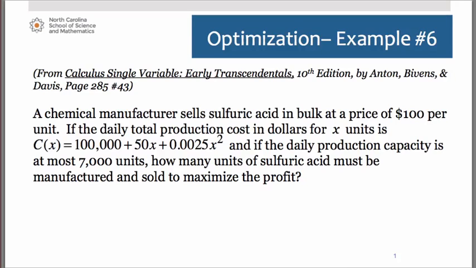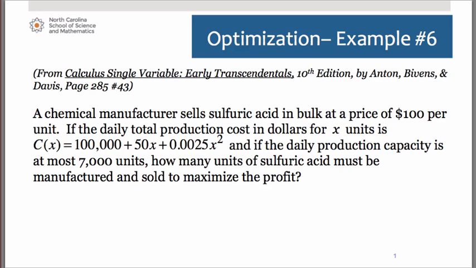This last example of an optimization modeling problem is one that comes out of our textbook on page 285. It's number 43, a great business application of the calculus. Here we have a chemical manufacturer selling sulfuric acid in bulk at a price of $100 per unit.